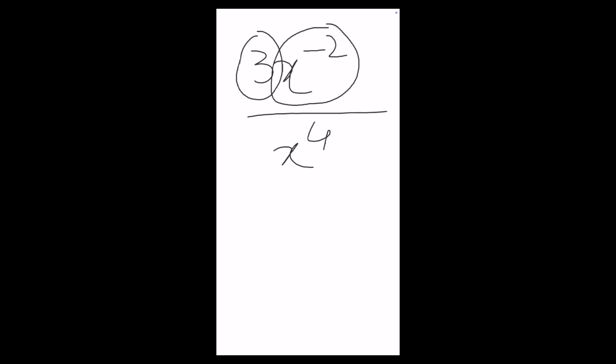Just try to identify: this thing, x raised to power minus 2, resembles which formula, which exponent rule? You can easily identify. The negative exponent. Yes, excellent. That is my negative exponent.